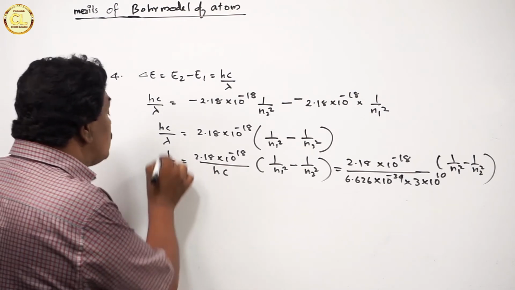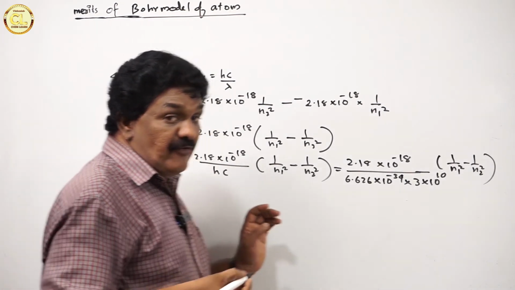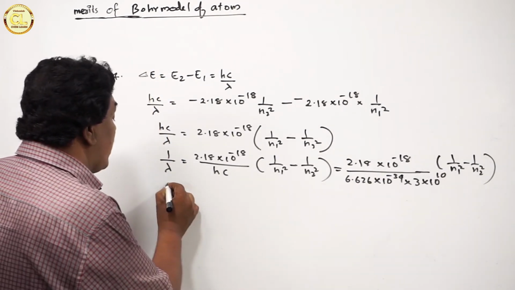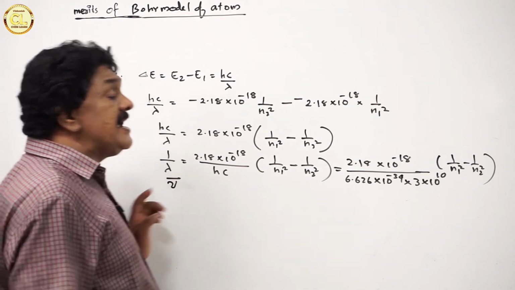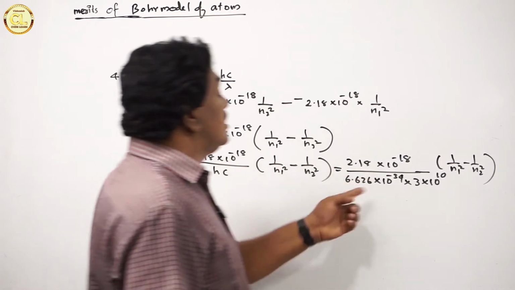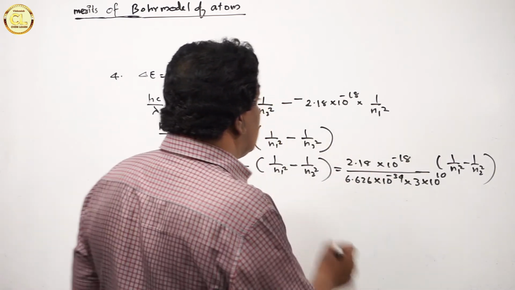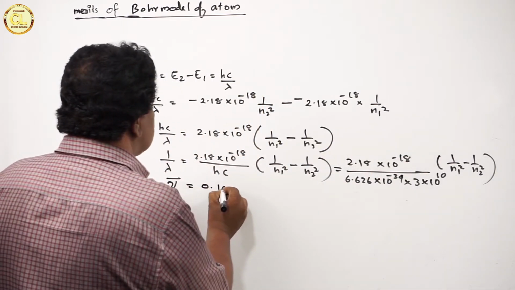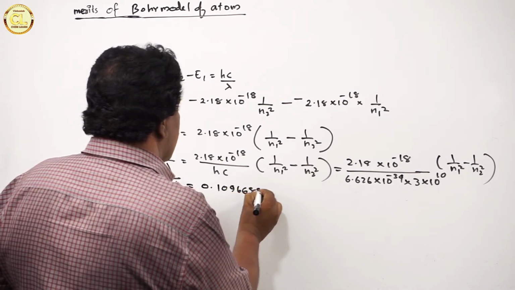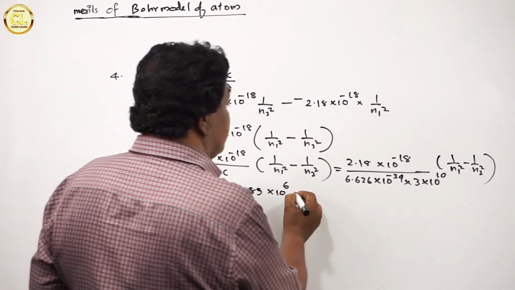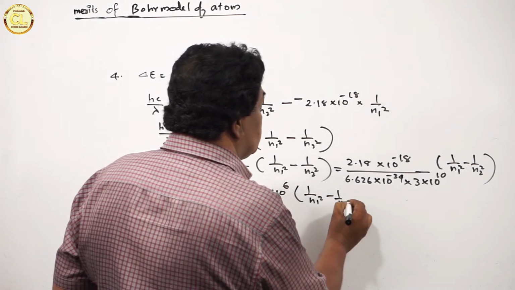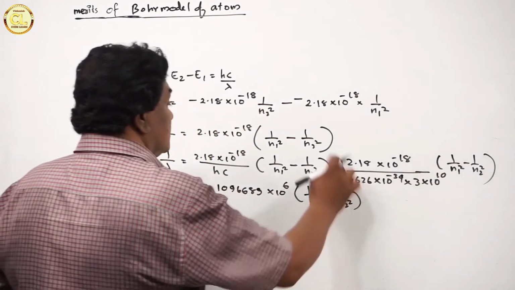See, this is 1 by lambda, that is reciprocal of wavelength. The reciprocal of wavelength is called wave number. It is expressed as 1 by lambda is equal to nu bar. Therefore, nu bar is equal to, doing this calculation, we get 0.1096689 into 10 raised to 6 into 1 by n1 square minus 1 by n2 square.